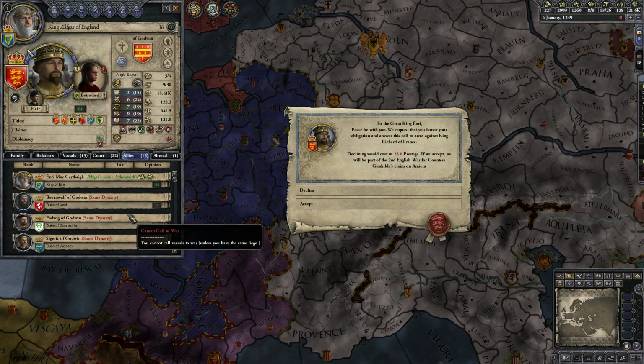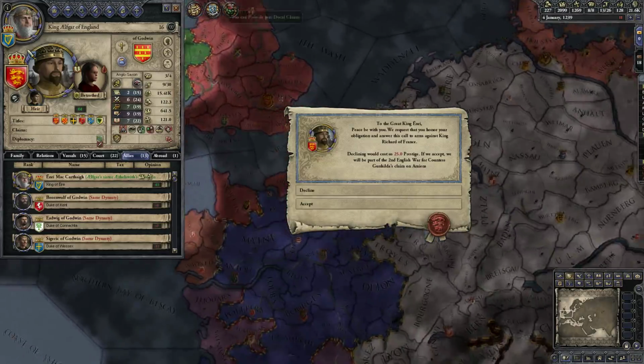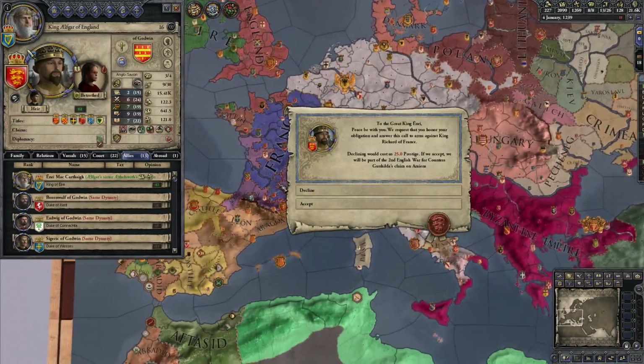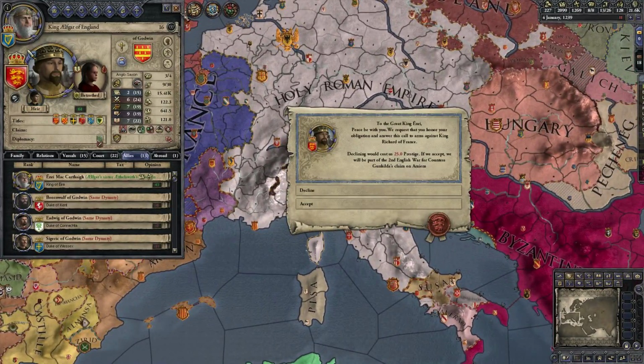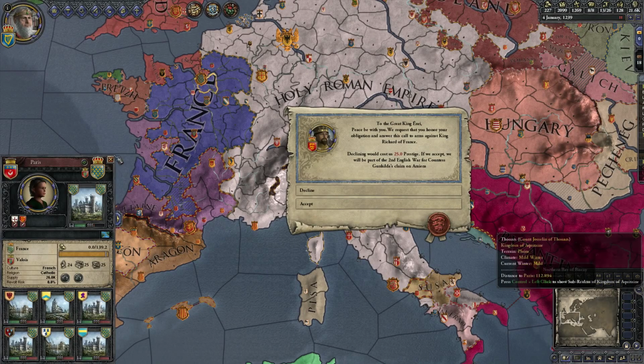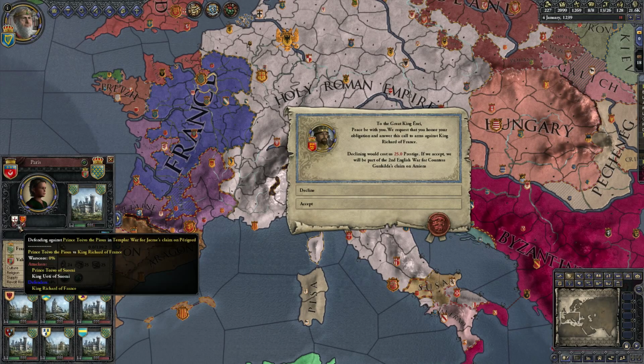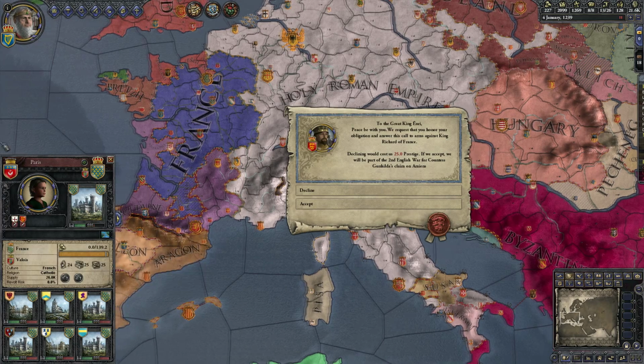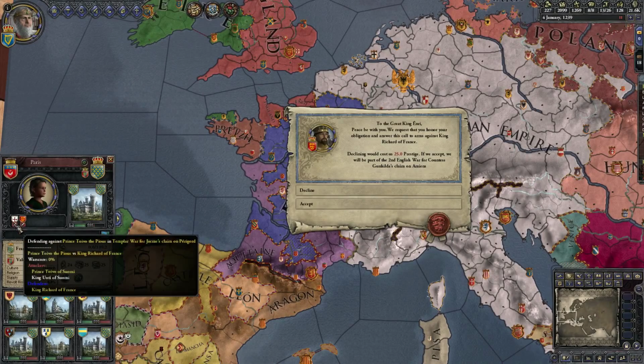I'm honestly his only ally. If I don't help him, he very well might be screwed. I mean, France is kind of also not in a very good situation. What wars are they fighting? They are defending against the Templars. That's weird. Okay. How's that war going? I guess it must have just started.